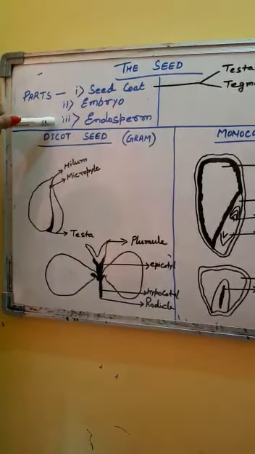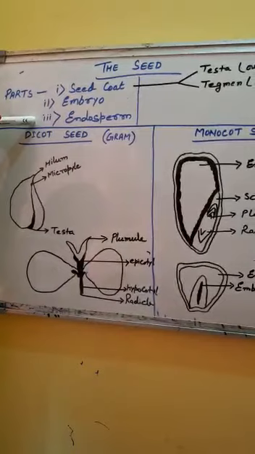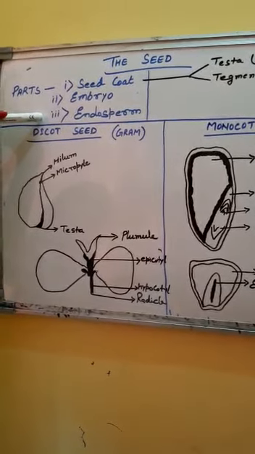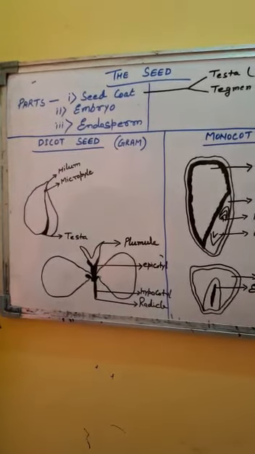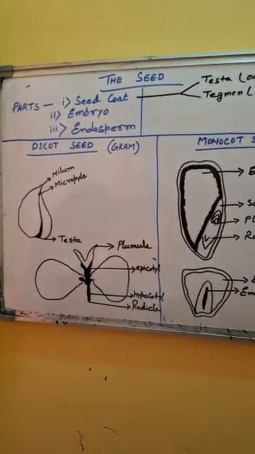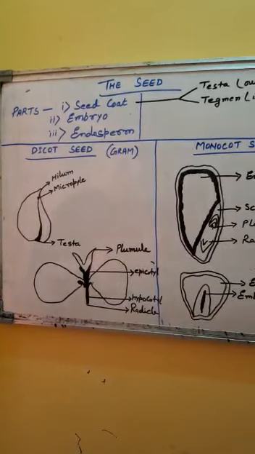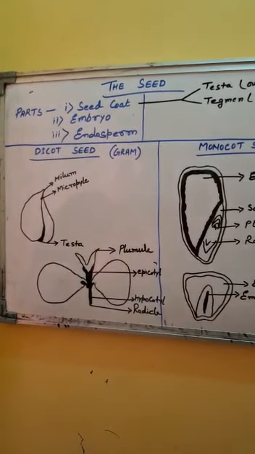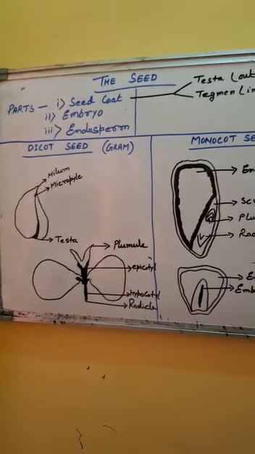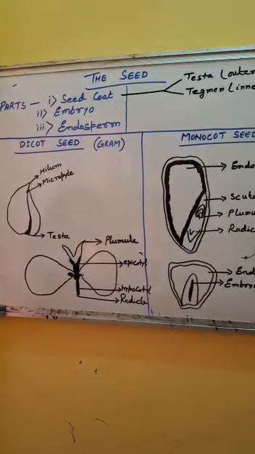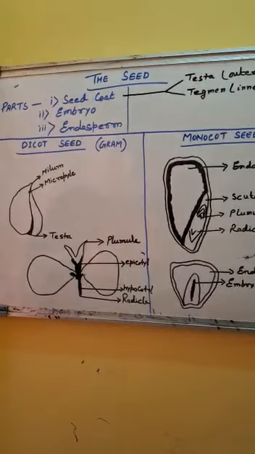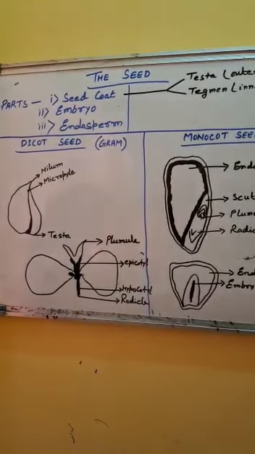For example, papaya seeds, castor seeds, etc. In other dicot seeds, endosperm is consumed at an early stage by the growing cotyledon and hence those seeds are called non-endospermic, because the endosperm is not present for a longer period of time. Examples of non-endospermic dicot seeds are bean, gram, pea, etc.